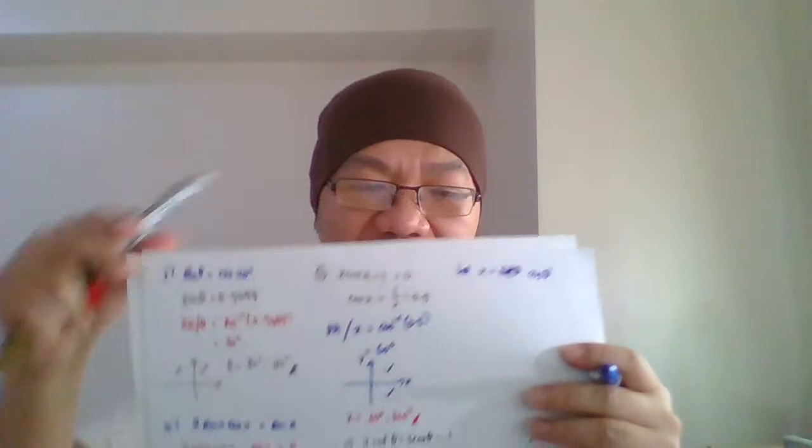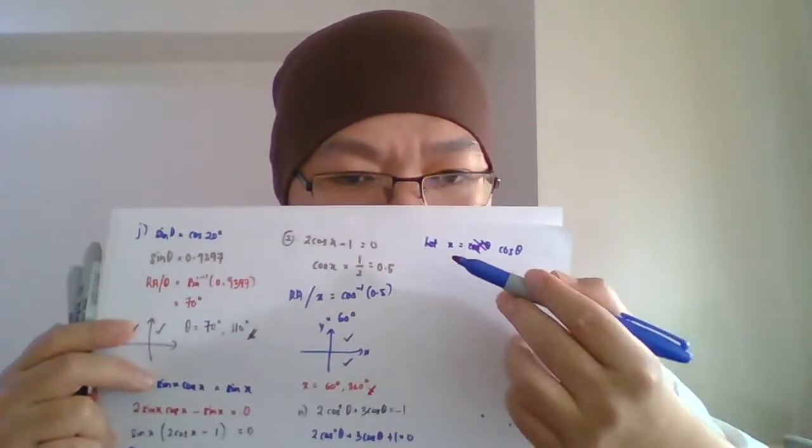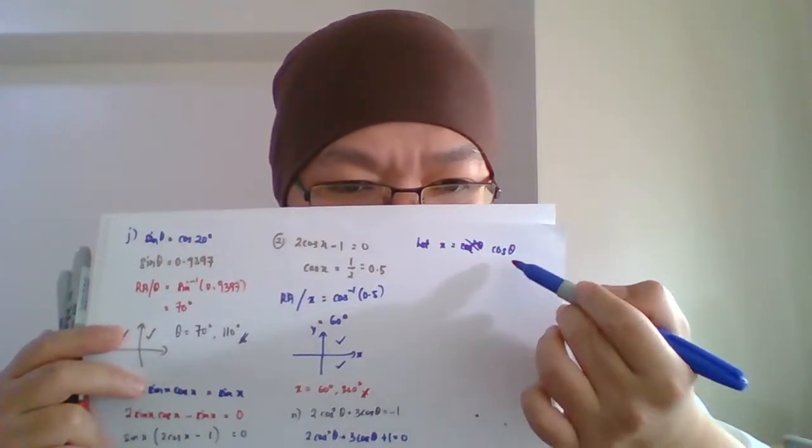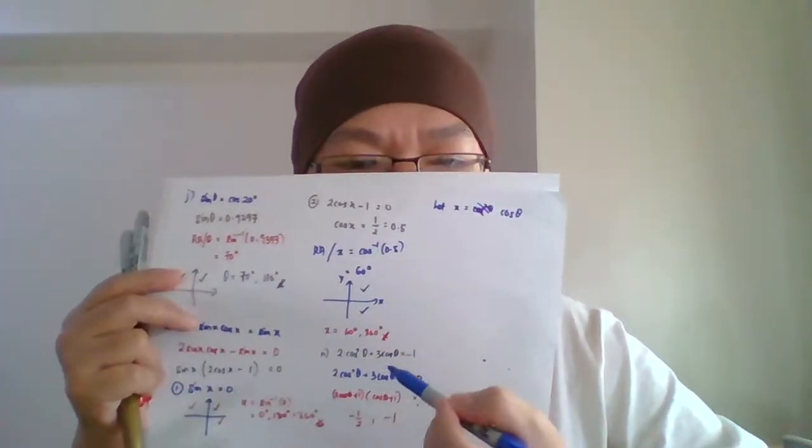See, this is the second way to solve. The second way to solve ialah we just let x equals to cos theta. So update your equation now. Nampak? Additional for the second method is after you let, you need to update the equation so that it becomes 2x squared plus 3x plus 1 equal to 0.